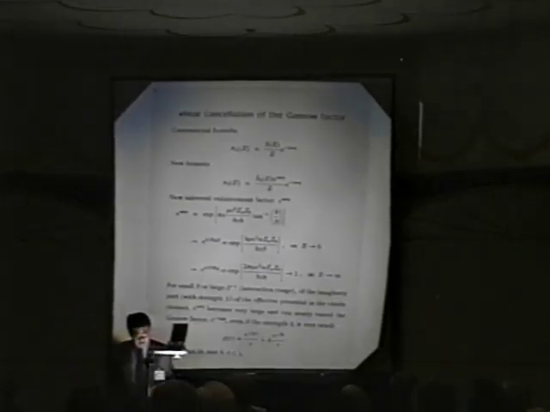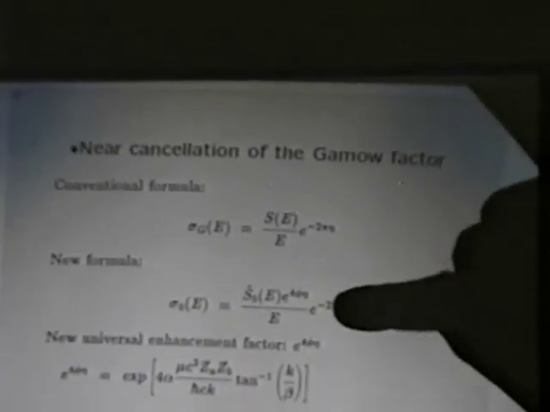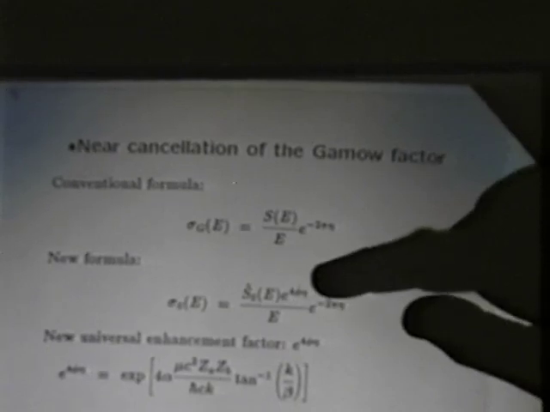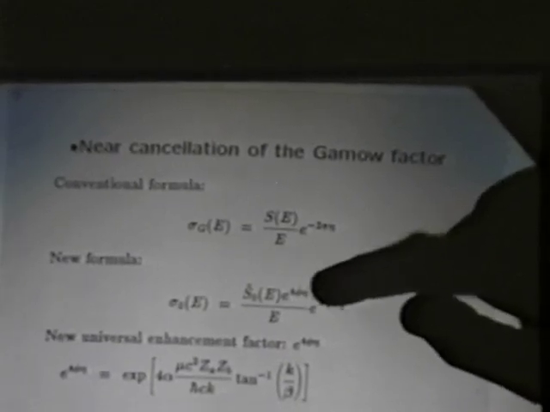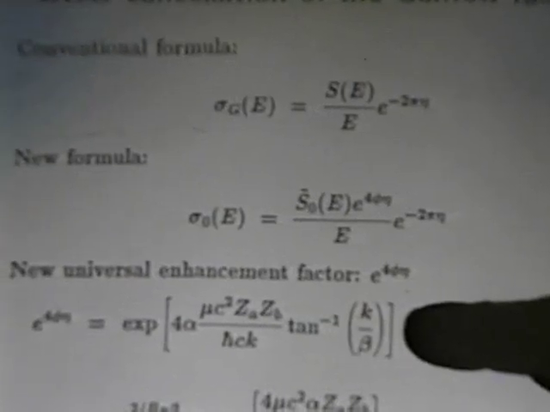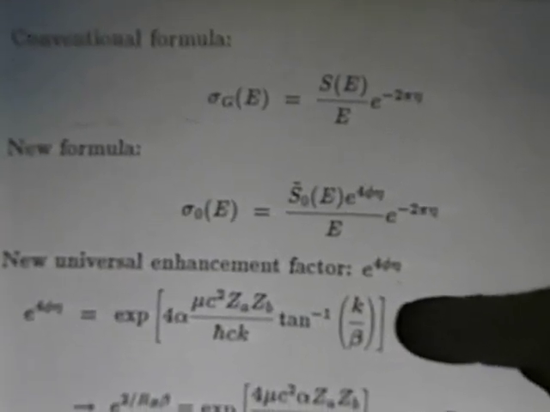So let's compare with the conventional formula, which is given here. This is the gamma factor everyone is using. And then we have a formula here which has this enhancement factor. That enhancement factor has this form, and it can increase toward low energy.